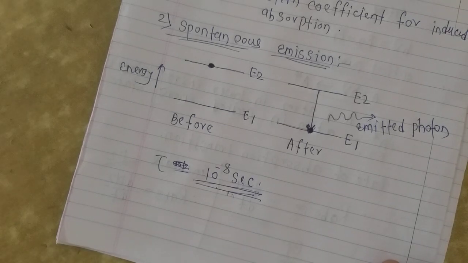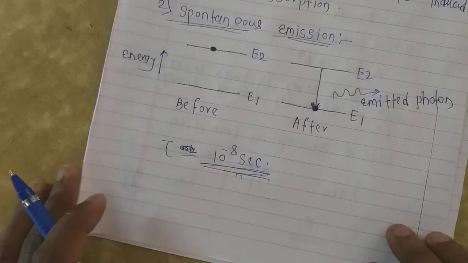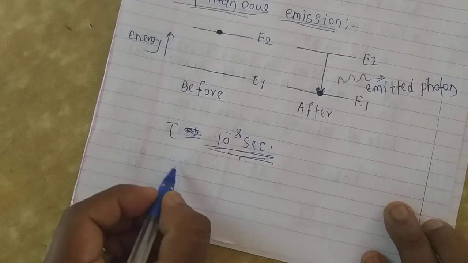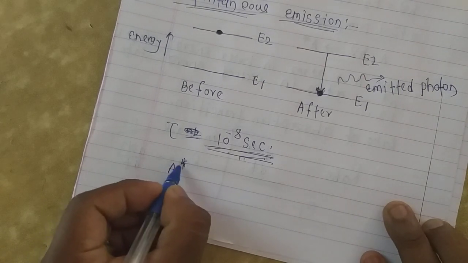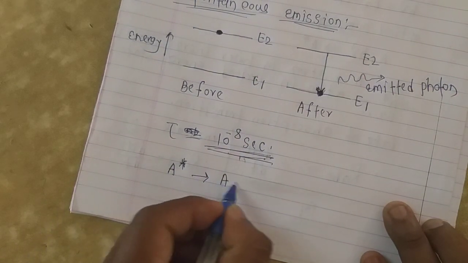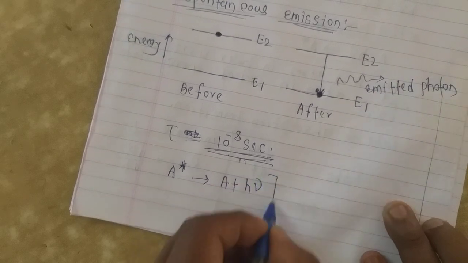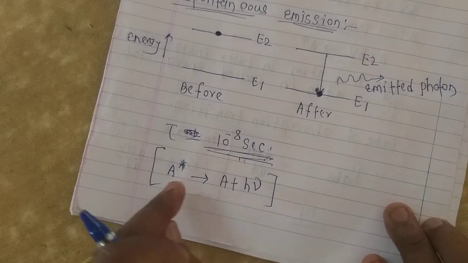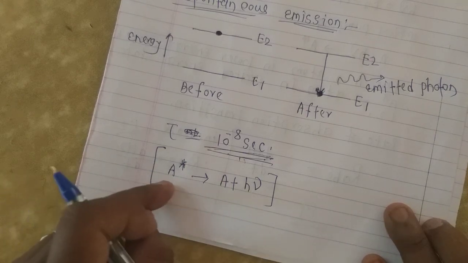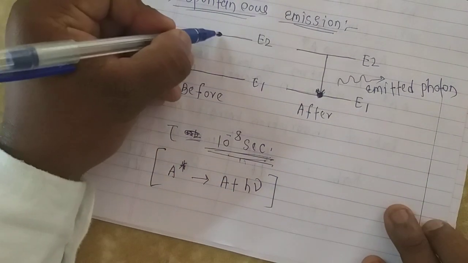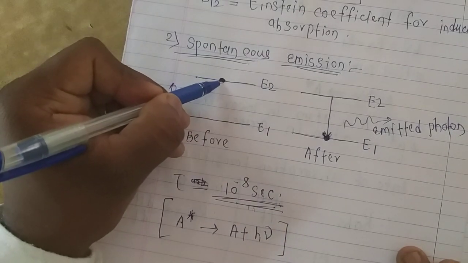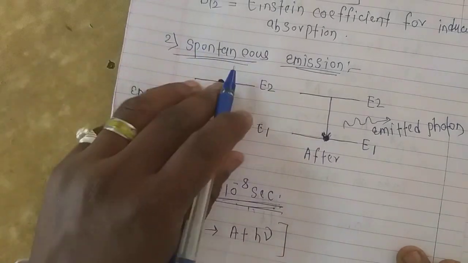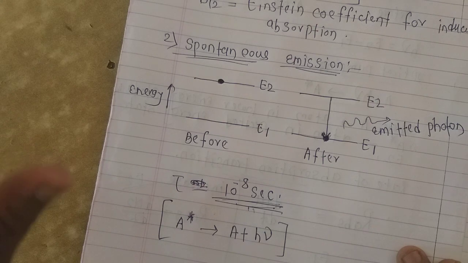That transition is known as spontaneous emission, and that process is represented by the equation A star tends to A plus h nu. The meaning of that equation: A star means the atom is in the excited state, but it cannot stay in the excited state more than 10 raised to minus 8 second.